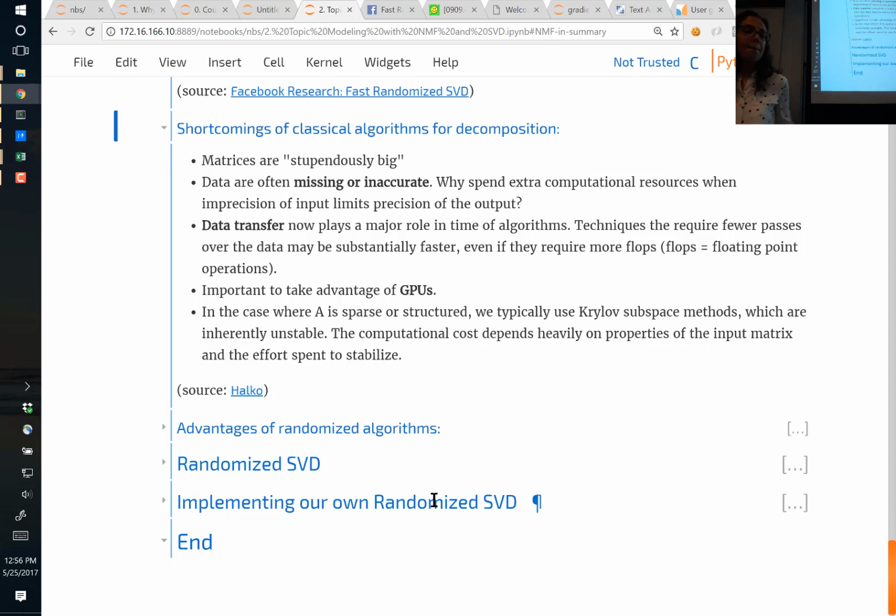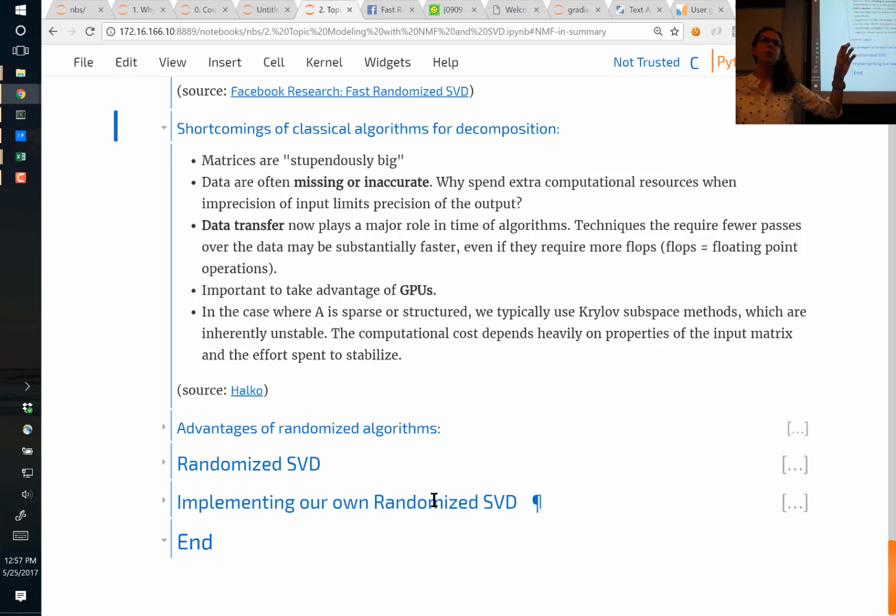Yes? So you said sparse matrix operations are difficult. Is that because you have them in a sparse format, or are you talking about a dense matrix that has sparse variables? That's a good question. This is more about this particular family of methods, Krylov subspace methods, which are really useful. Well, I guess there are issues of when sparse things are becoming dense.